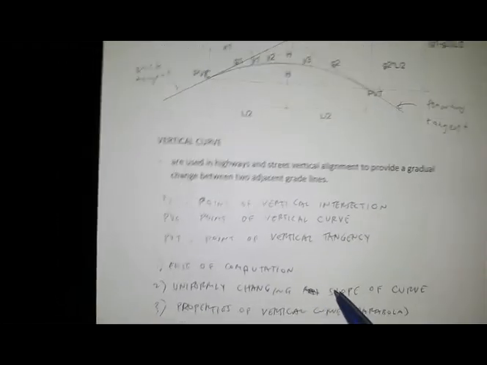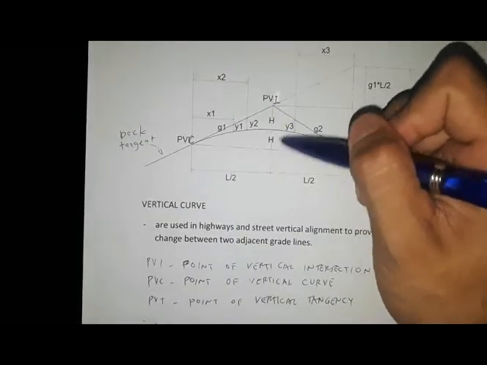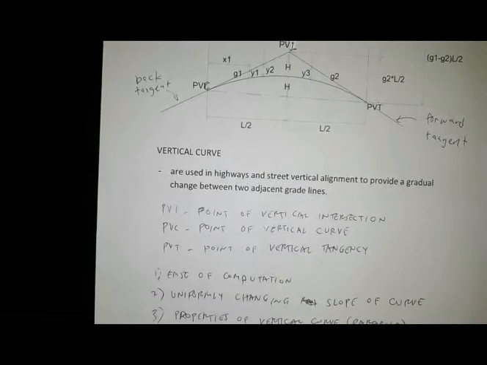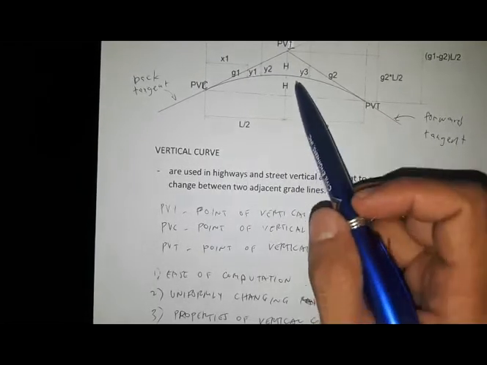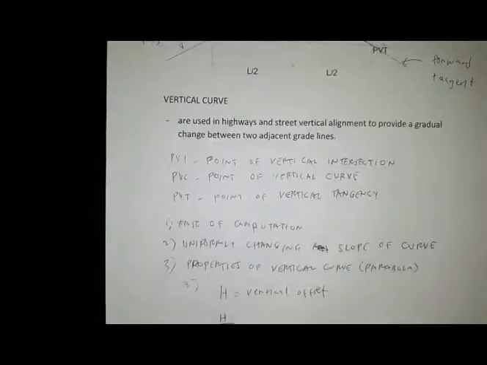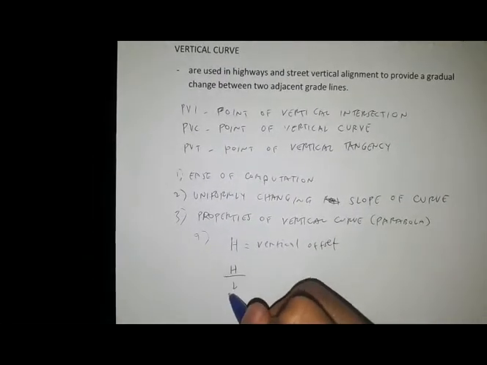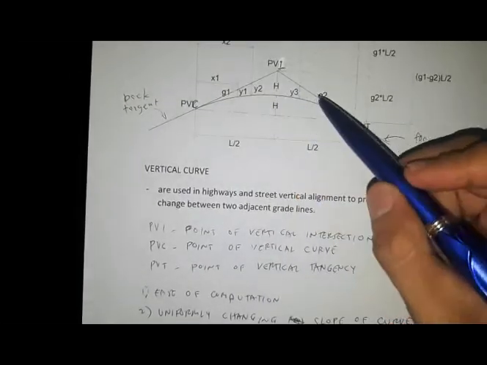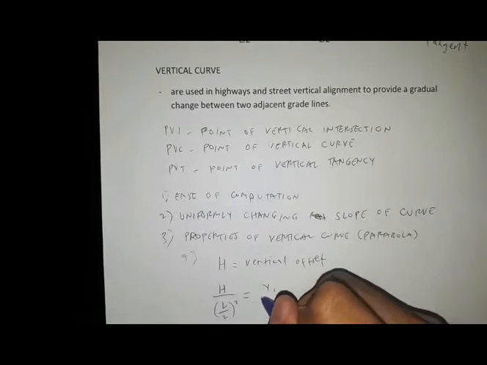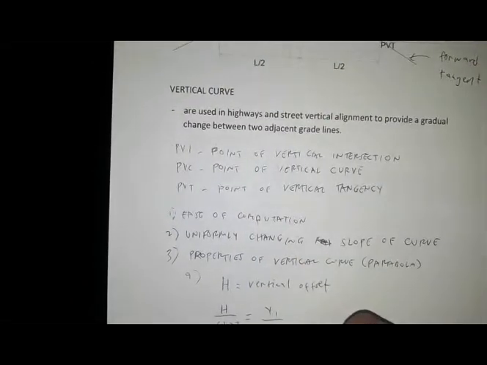So it says that the vertical offsets are proportional to the squares of the distances from the point of tangency. So H is proportional to the horizontal distance from the point of tangency. We have H is to L over 2 squared equals, let us say, y sub 1 is to x sub 1 squared.